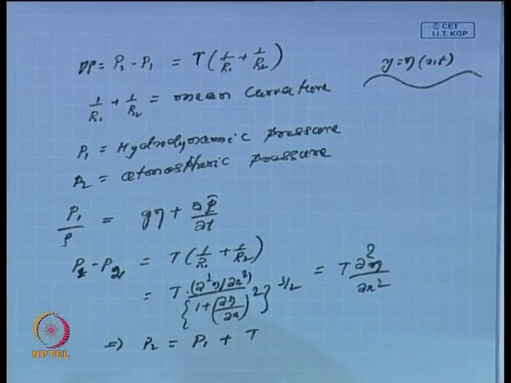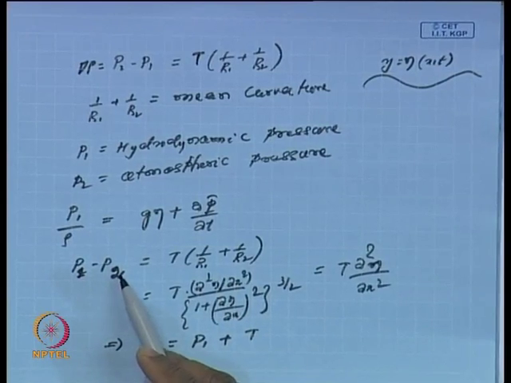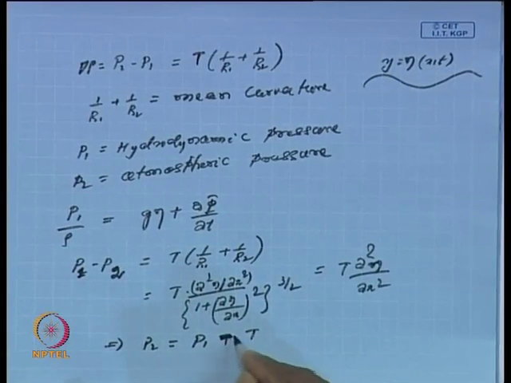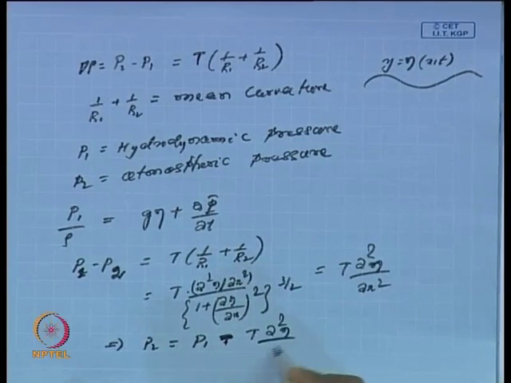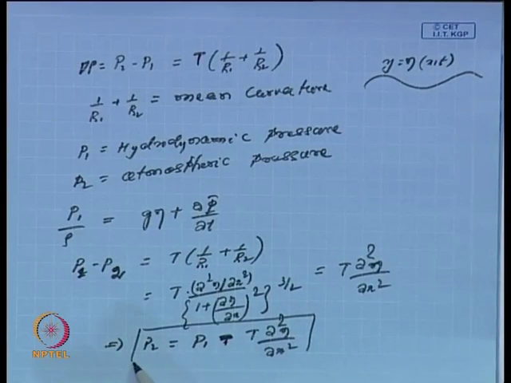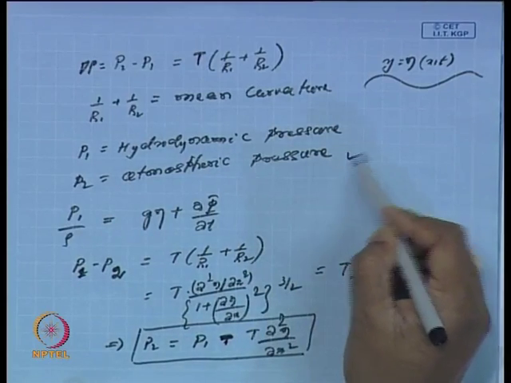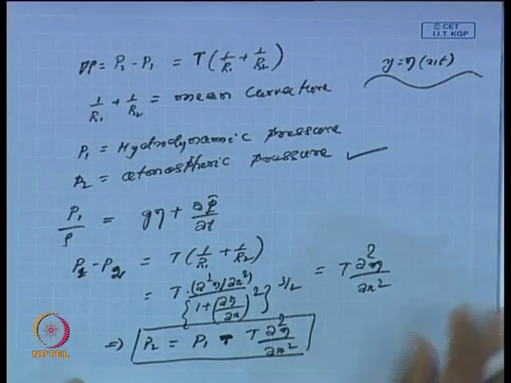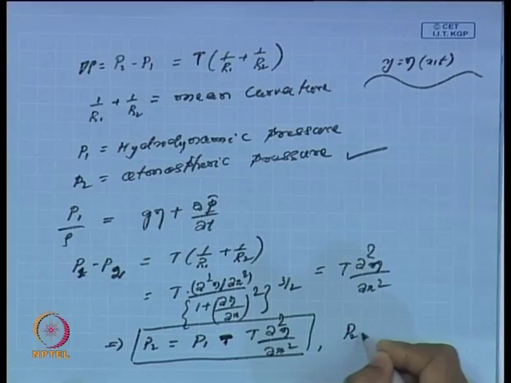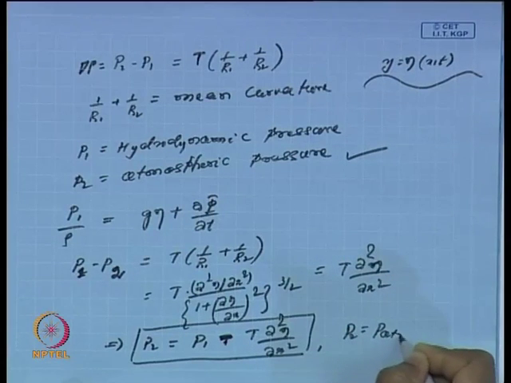So my P2 is the atmospheric pressure. P2 will be P1 minus T into del square eta by del x square, and since P2 is the atmospheric pressure, I assume it as a constant, which I take as 0.